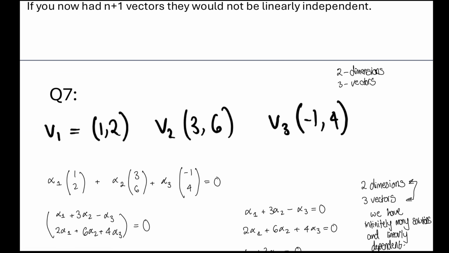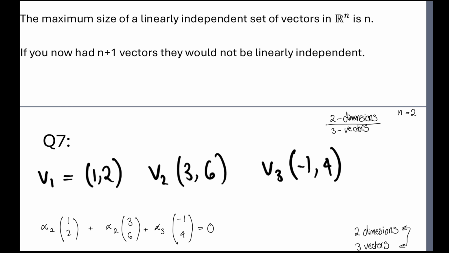So here we have 2 dimensions, so n is 2, but we have 3 vectors, n plus 1 vectors. So we know that these vectors would never be linearly independent. Hopefully that makes a bit of sense.